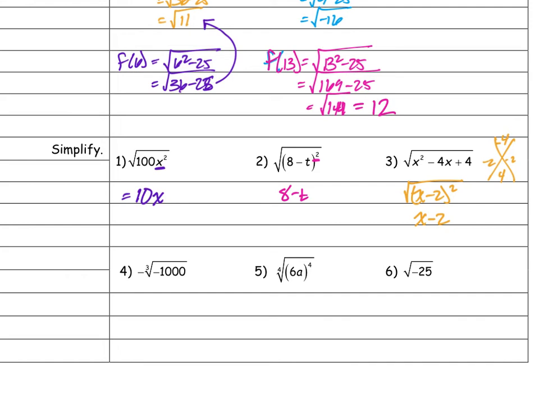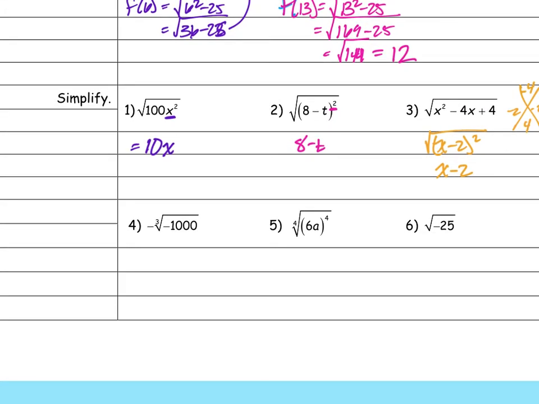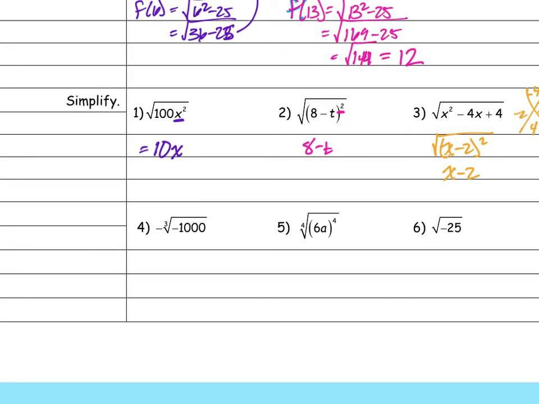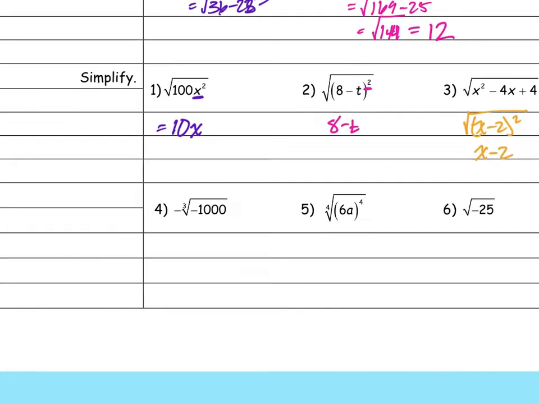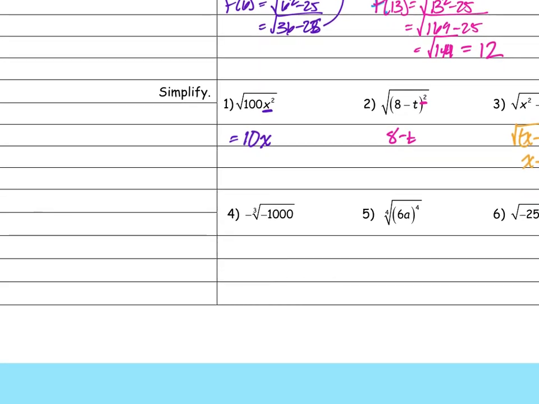Yeah. Okay. So now we're going to talk about cube root. So cube root means I need to have 3 of the same thing inside before I can bring something out. And so I have the cube root of negative 1,000. You can do a factor tree if you want.